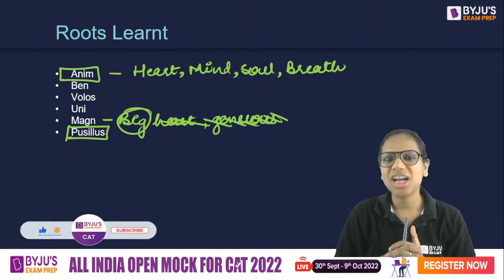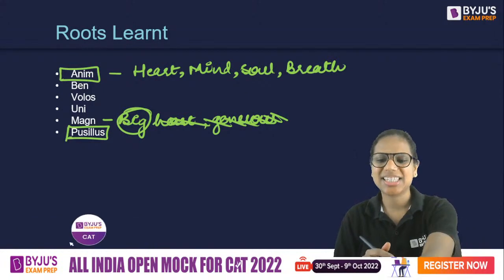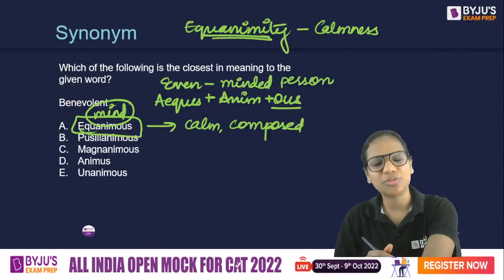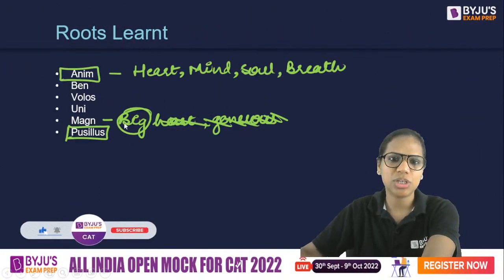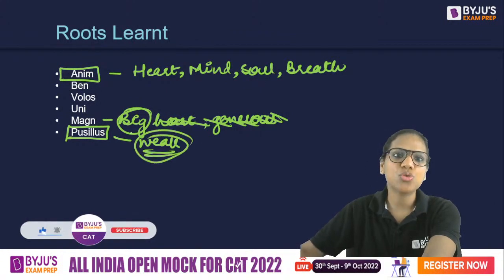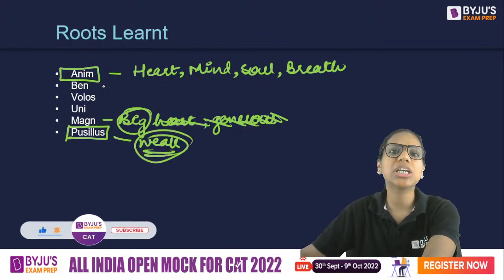Somebody who's timid, cowardly. Yes, that person is pusillanimous, so it is definitely an insult. Pusillanimous means weak. Yeah, it means weak. So weak-hearted, somebody who is weak-hearted is a coward.